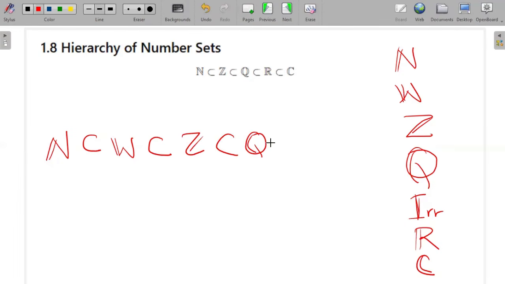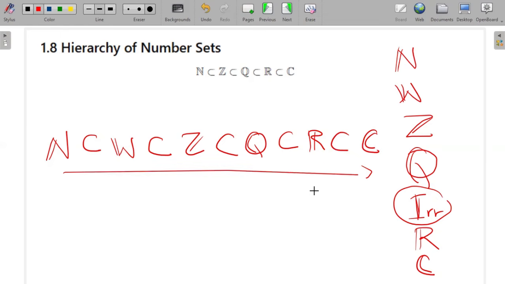And then here, I cannot say these rational numbers are a subset of the irrational. No. So the irrational are going to be on their own. And then here I'm going to have that the rational numbers are actually a subset of the real numbers. And then the real numbers are a subset of the what? Of the complex numbers. So this is the hierarchy.